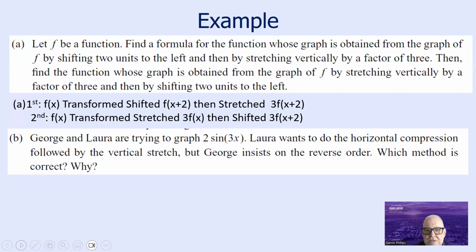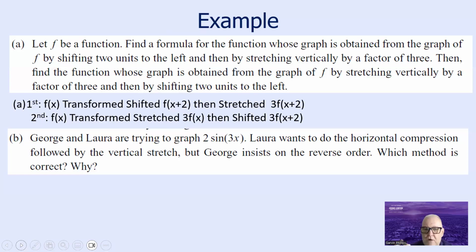Then the transformation shifting it to the left is going to be, I'm going to put parentheses around my x and it's going to become the quantity of x plus 2 squared. And then the stretching by the factor of 3 is applied in front of that. So it would be 3 times the quantity of x plus 2 squared.